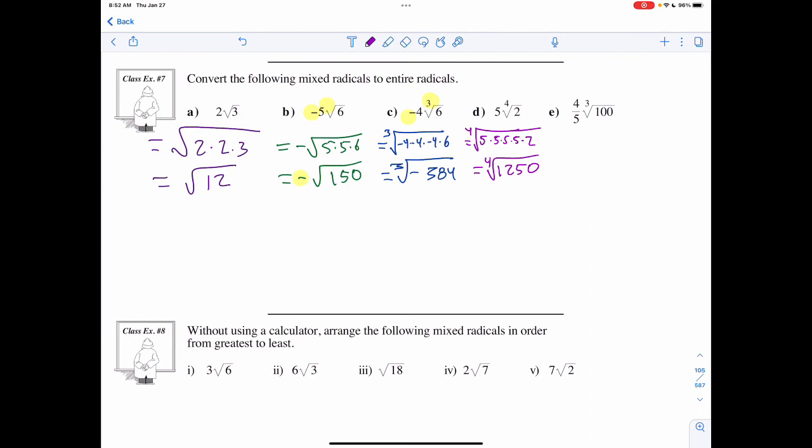And the last one works the same way when we're doing it with fractions. This would be the same as the cube root of 4/5 times 4/5 times 4/5 times 100, which is the cube root of, when I reduce the fraction down, 256 over 5.